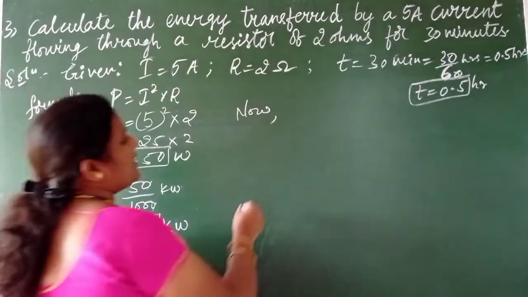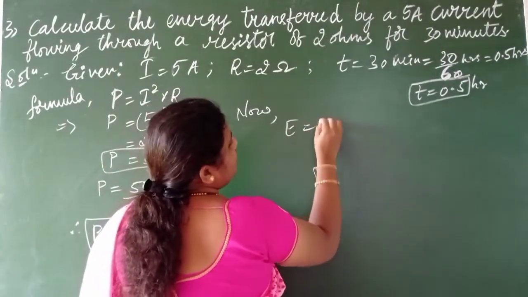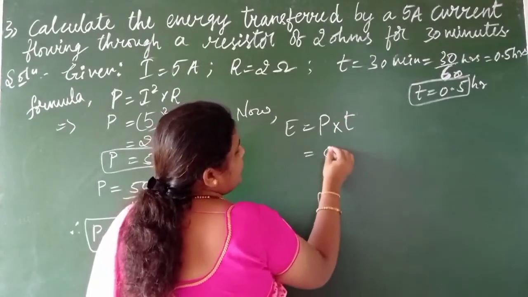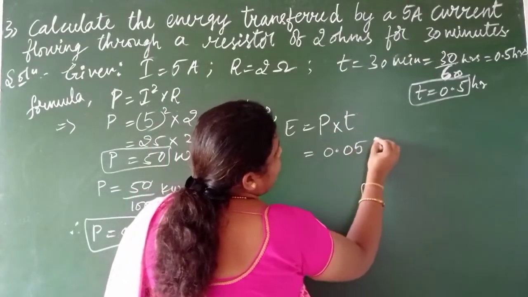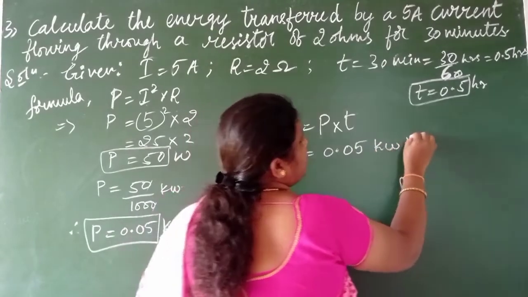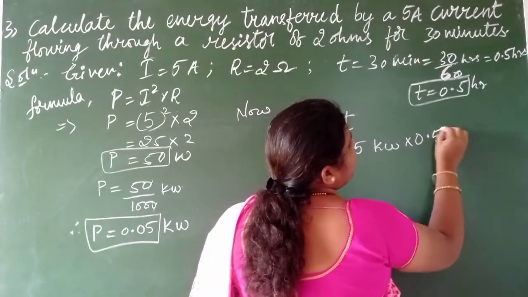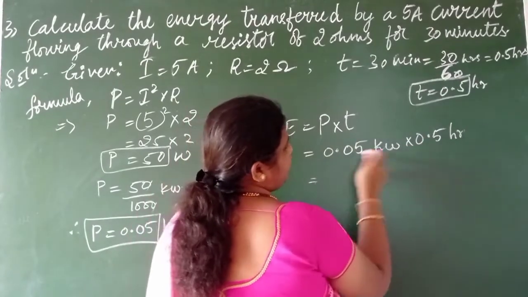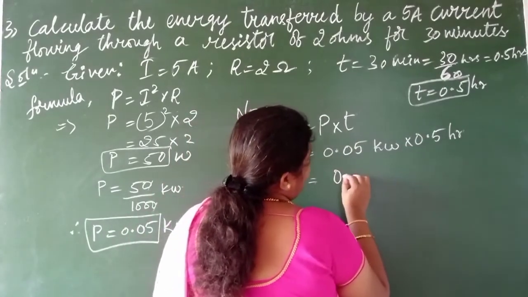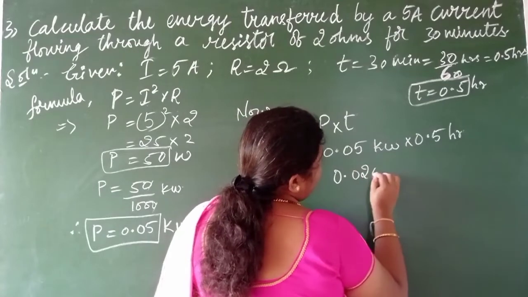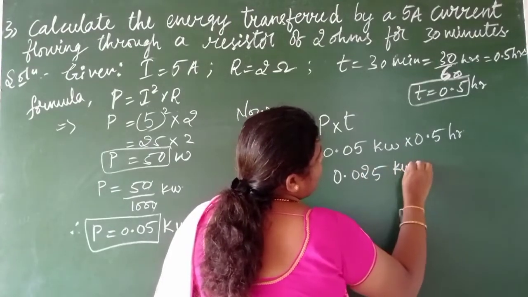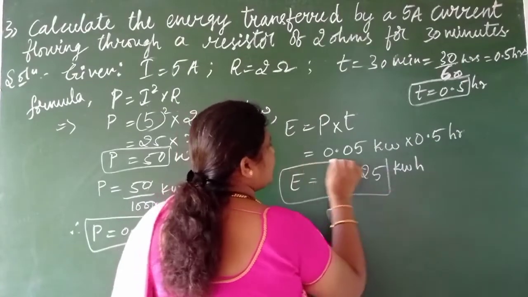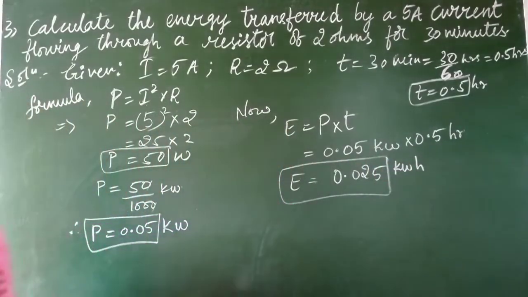Now what we want? E is equal to P into T. So, what is the value of P? 0.05 kilowatts into 0.5 hours, which is nothing but 0.025 kilowatt hour is the energy in terms of kilowatt hour.